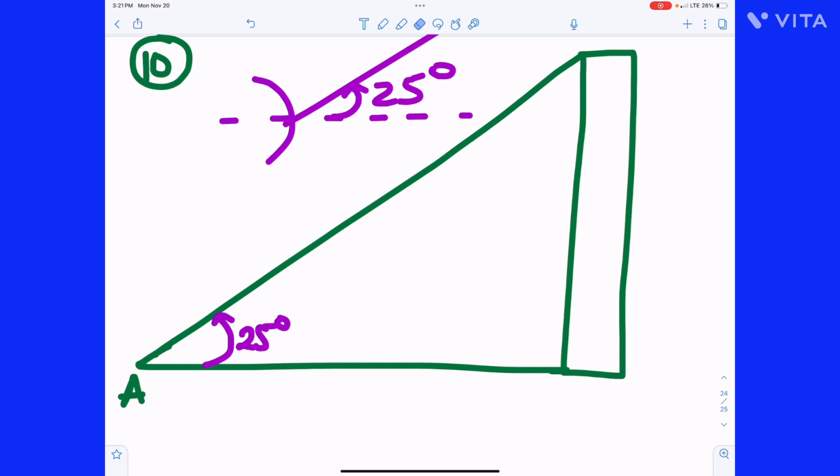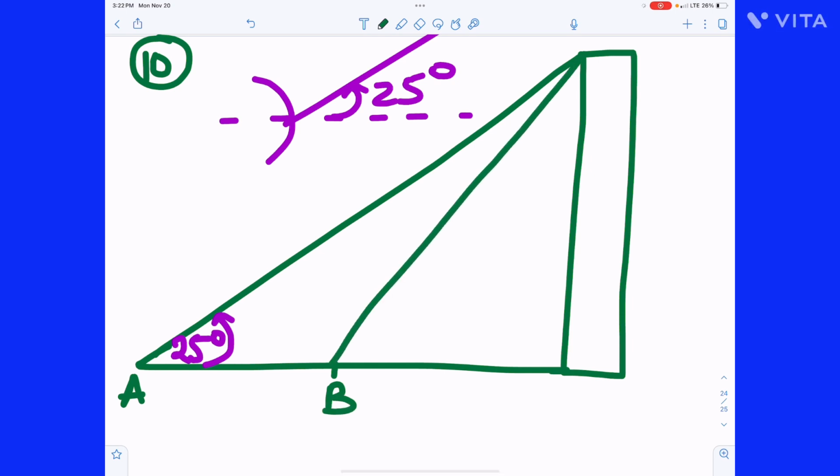Next, let me clean this and write it inside. 25 degrees. Next, it says another point B. Let's put B here. From another point B, the angle of elevation of the top of the building, make this a straight line, is 37 degrees.